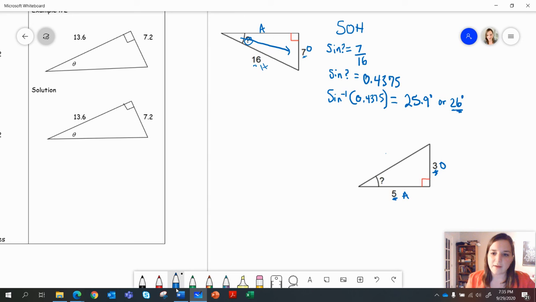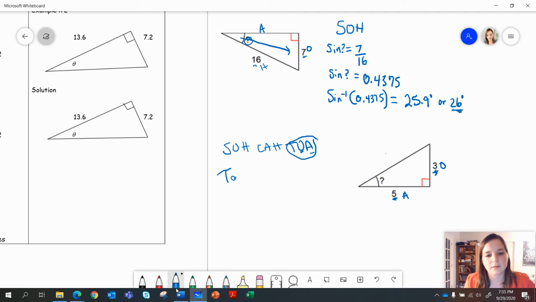All right, so if we have O and A, you look at your SOH CAH TOA. Write out the little thing this time. And when we look at SOH CAH TOA, you see that TOA here on the end has both O and A. So it's telling me that I'm going to use the TOA portion.